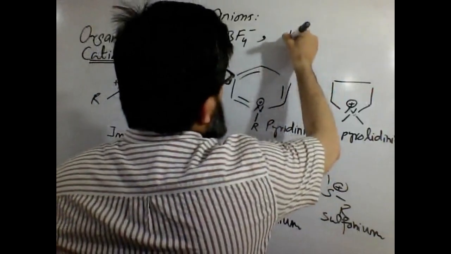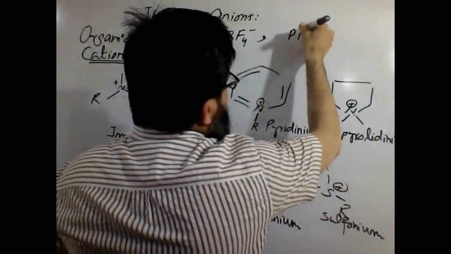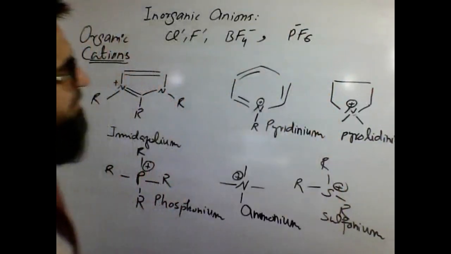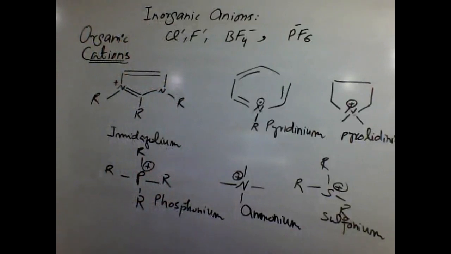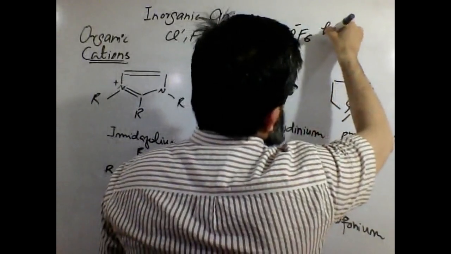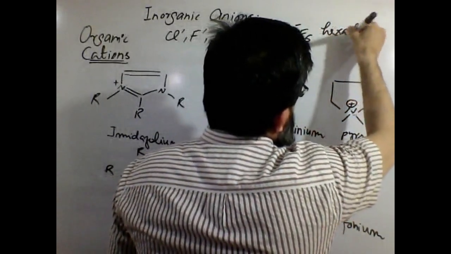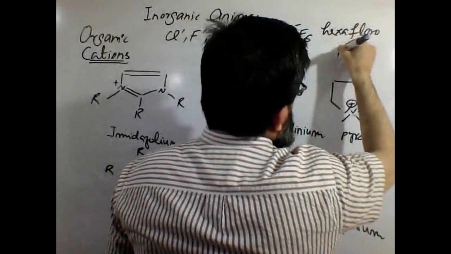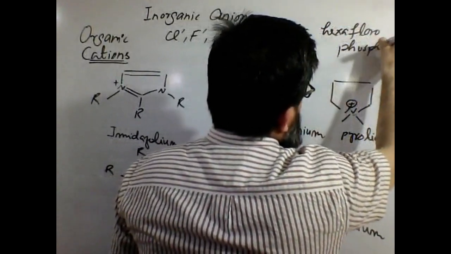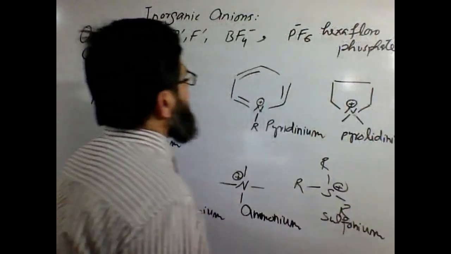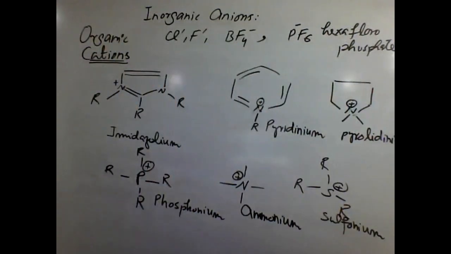I've given you PF6 minus as well, hexafluorophosphate. So these are a few of the examples of inorganic anions.